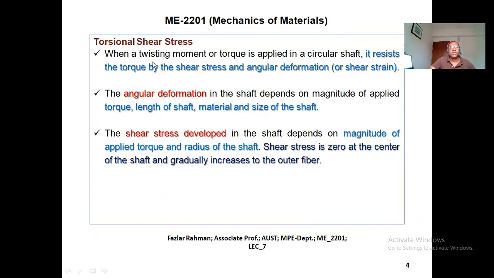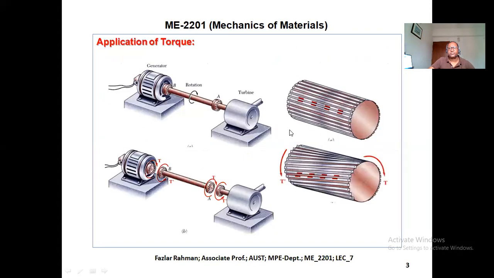When a twisting moment or torque is applied to a circular shaft, it resists the torque by shear stress and angular deformation. What is angular deformation?